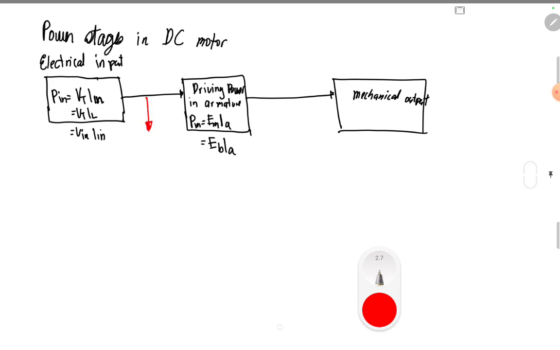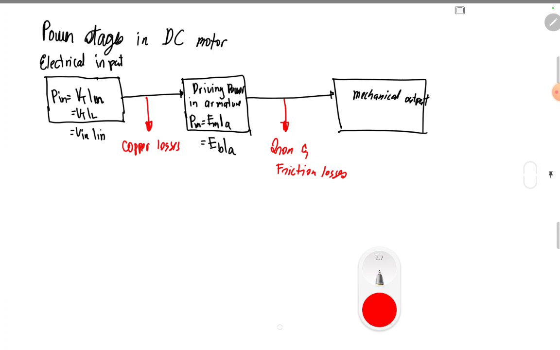Of course, there will be your copper losses, the losses inside the machine, which usually depend on what type of connection the motor that you are using has. Next, after you subtract the copper loss from your P in, the next thing is your friction and iron losses. These are your mechanical losses.